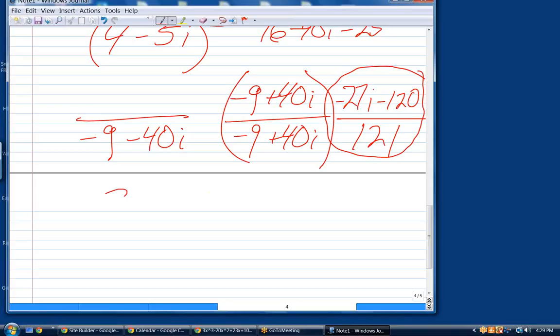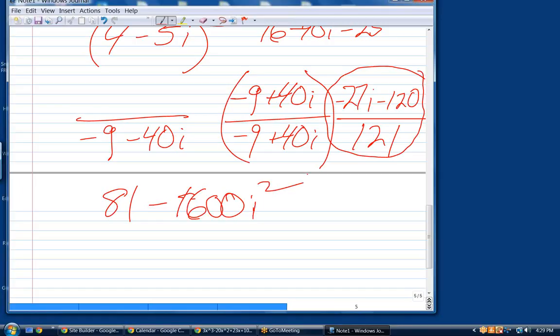So I know the answer is going to be 81 minus, whoops, I need to multiply that by 40 times 40. So that's 1600i squared. So the answer I gave you was wrong. It's not this. I forgot to multiply the 40 times 40.